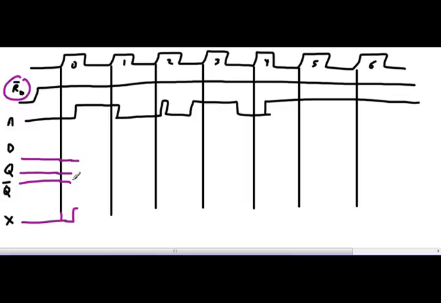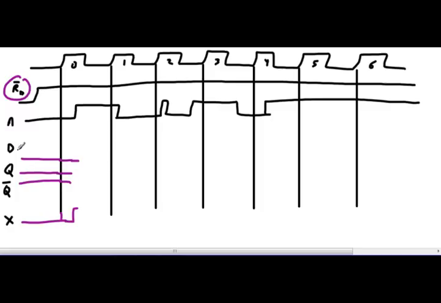X goes high, which means D stays the same. D stays low because Q is still low. But if Q, that's Q naught. Wait a minute. D is X or Q naught.